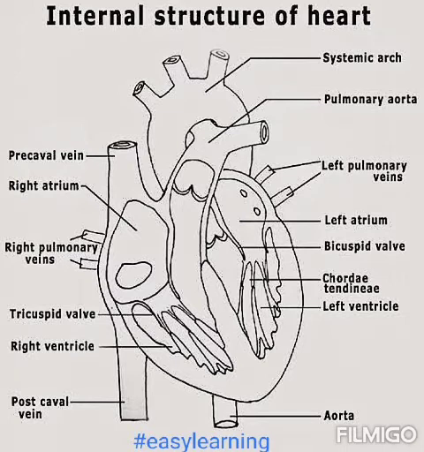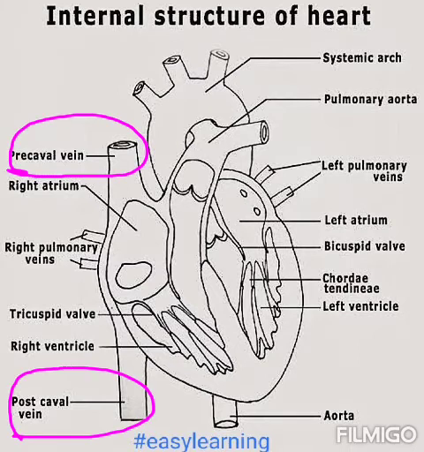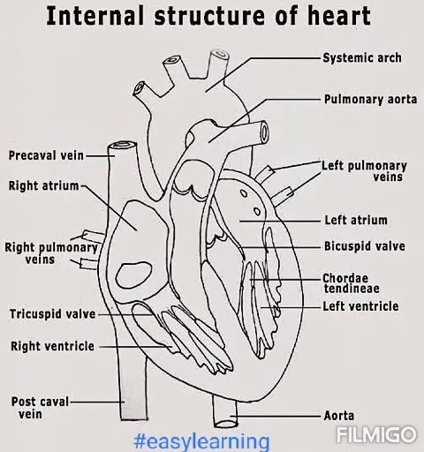As you know, the heart helps in the oxygenation of blood. Two veins arise from the heart to collect the impure blood from the body parts. They are the precaval and postcaval veins, or superior vena cava and inferior vena cava. These veins carry deoxygenated blood to the right atrium.